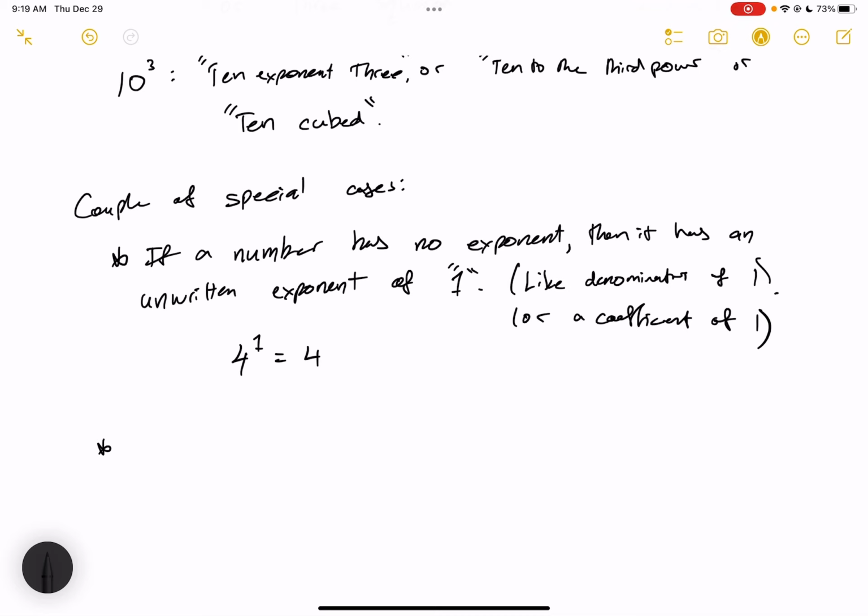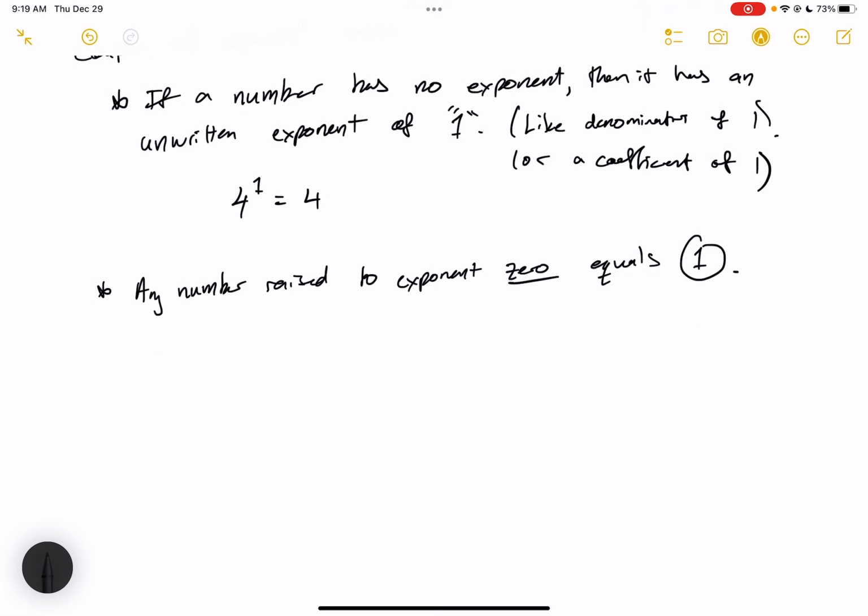Next, and I think this is the last one that I'm going to have to show you guys, is the case of when we have an exponent 0. Any number raised to exponent 0 equals, once again, our old buddy, 1.